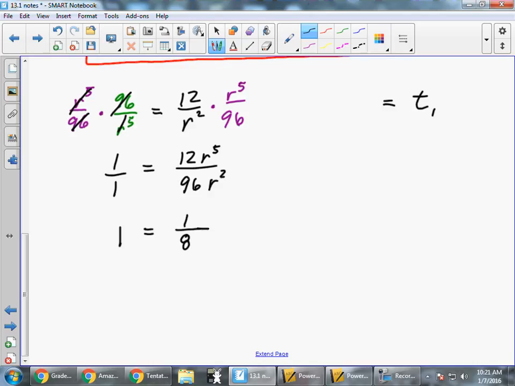And then r to the 5th over r squared. R to the 5th over r squared. Yeah, r to the 3rd. Okay, so now we have 1 equals r to the 3rd over 8.